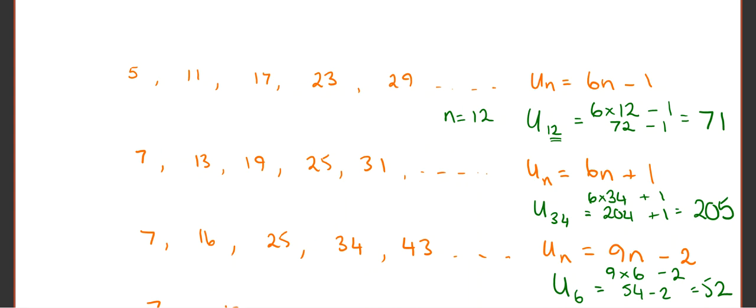Take me through the steps for finding 6n minus 1. Is 5. Okay. And then my answer is 6.